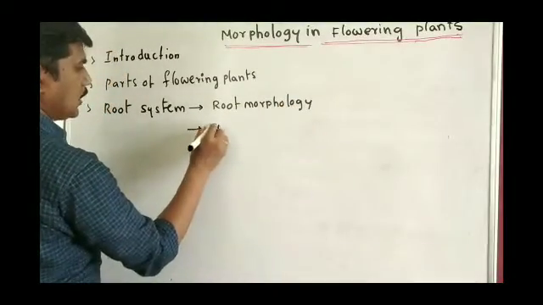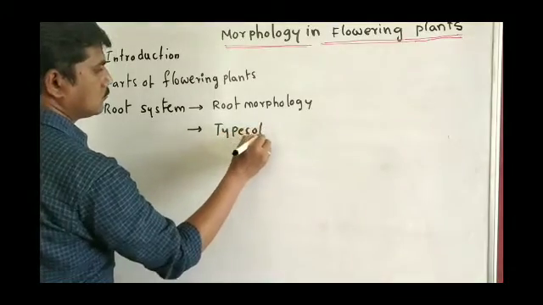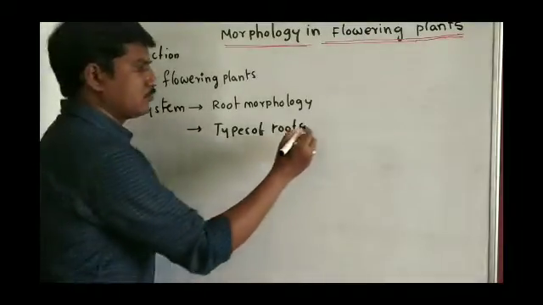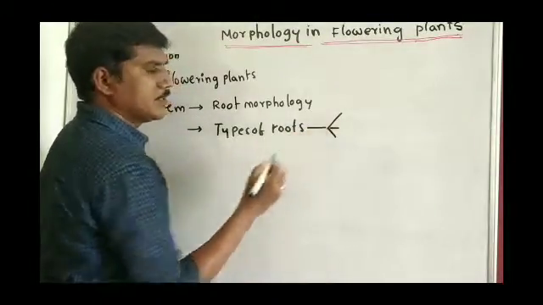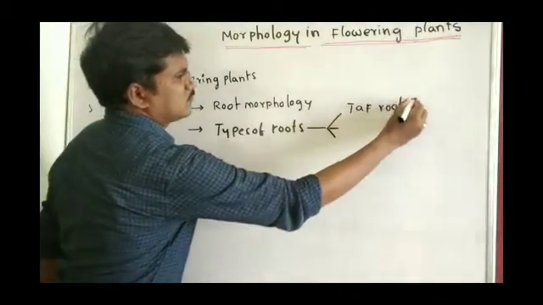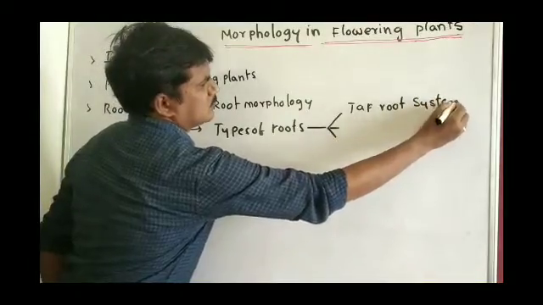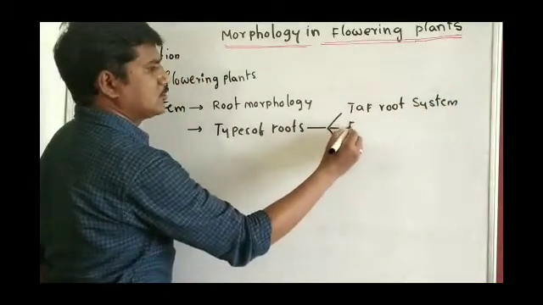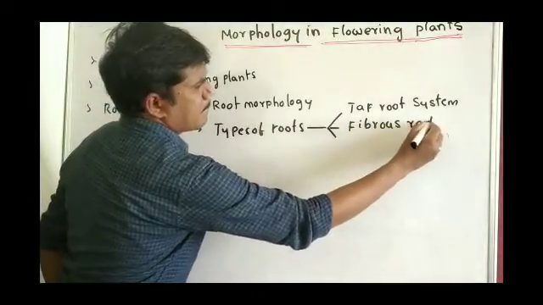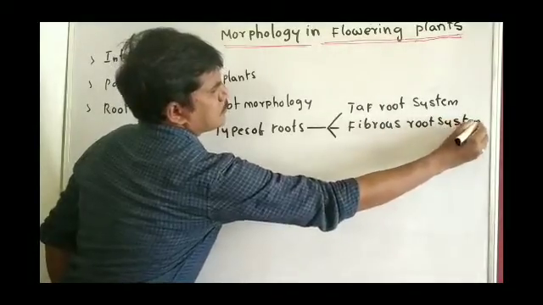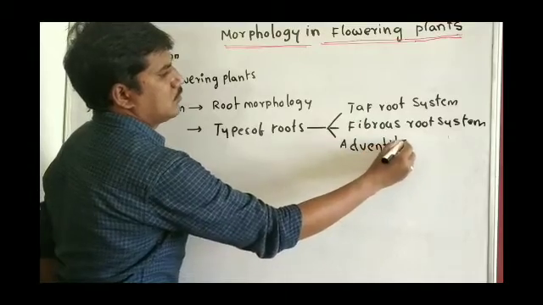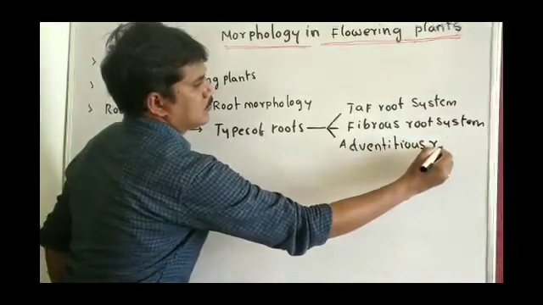Then we are going to discuss the types of roots. You know very well, there are majorly 3 types of roots. I will explain later. That is the taproot system, next one is the fibrous root system, and then the adventitious root system. It's very important.